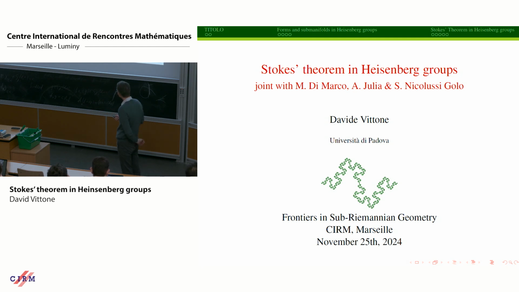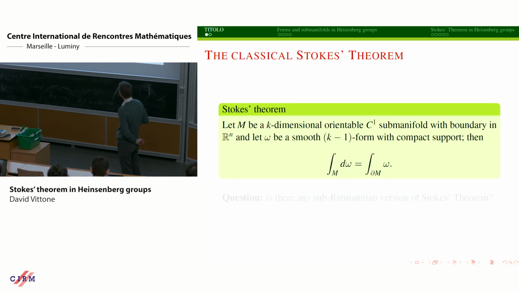Okay, thanks. So let me start by recalling the classical Stokes theorem. Whenever you have a k-dimensional oriented C1 submanifold with boundary in R^n, call it M, and a (k-1)-form, say with compact support, just to avoid integrability issues, then you have Stokes theorem.